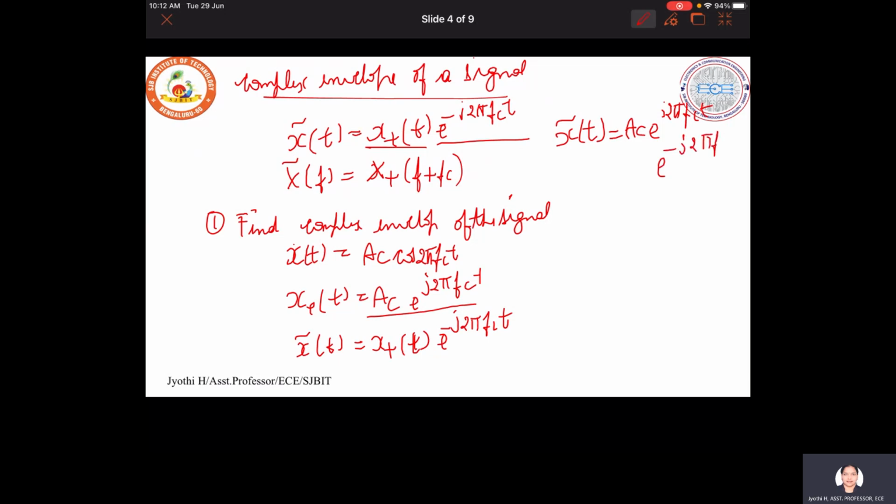What is left is because this is going to have the value 1. So x tilde of t is equal to only the magnitude of the carrier signal. Since C stands for the carrier signal, after extracting the complex envelope, the signal becomes only the magnitude of it. So this is going to be the complex envelope of a signal.